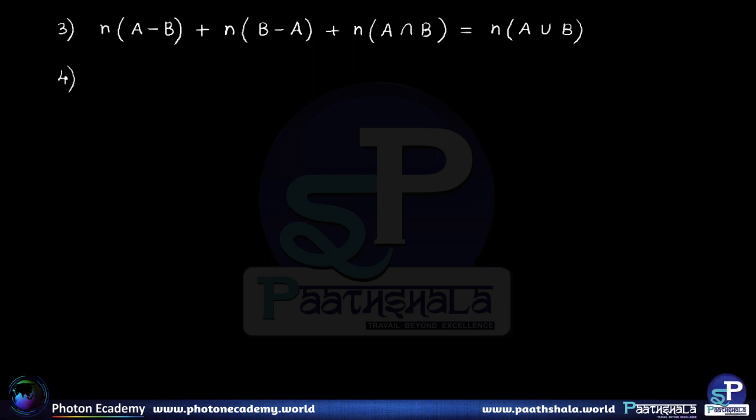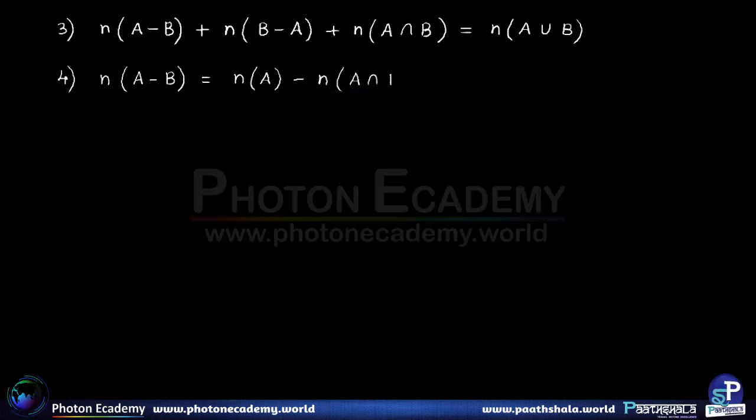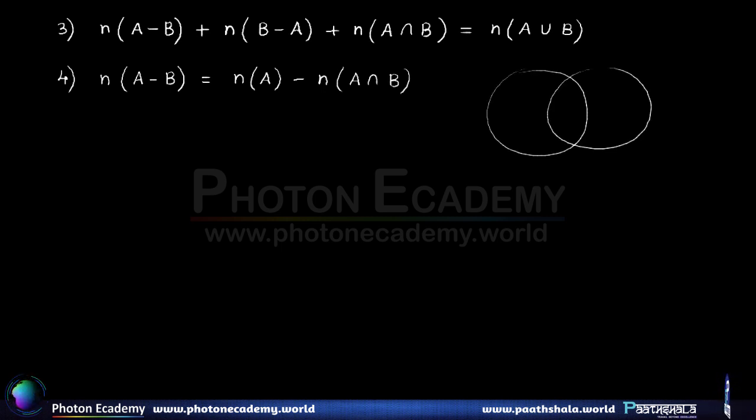Now similarly we can also have the result as, say, n of A minus B is equal to n of A minus n of A intersection B. And you know, this is also clear, that is n of A minus B is this region, and n of A, we know that it is the whole region, and A intersection B is this region.